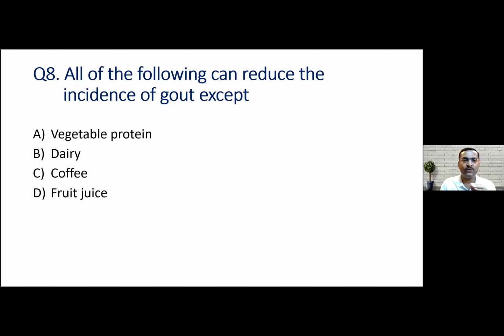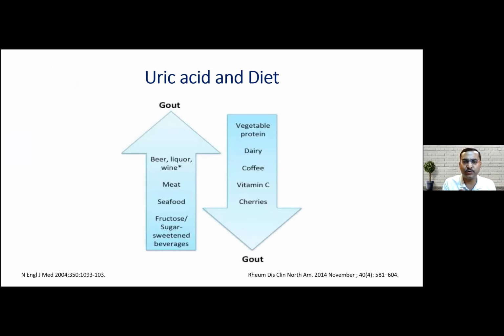All of the following can reduce the incidence of gout, except, and the answer that I was looking for is fruit juice, because vegetable protein and dairy act as uricosurics. They reduce uric acid levels. Coffee and vitamin C are known to reduce uric acid levels. Coffee is also known to inhibit the xanthine oxidase enzyme.